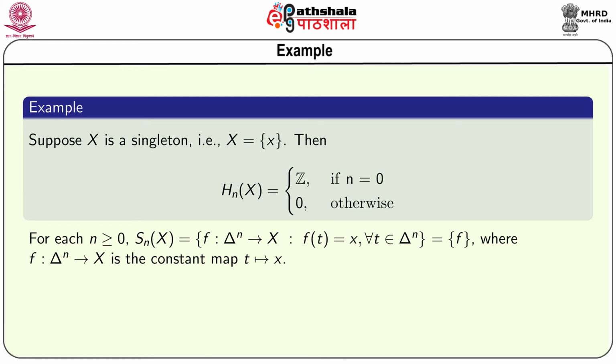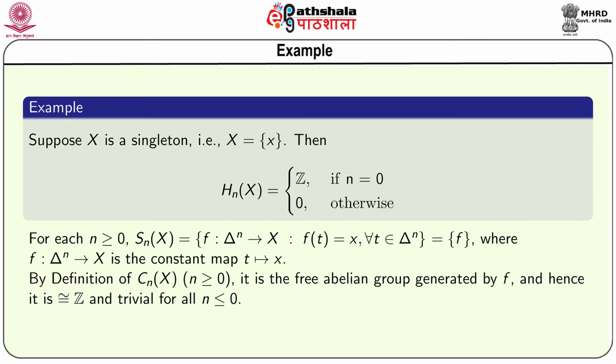For each n greater than or equal to 0, we take the collection S_n(X) as the functions from delta_n to X, which take all the points of delta_n to the single point x belonging to capital X. So, that means there exists only one function f, that is a constant function which takes every point of delta_n to x.